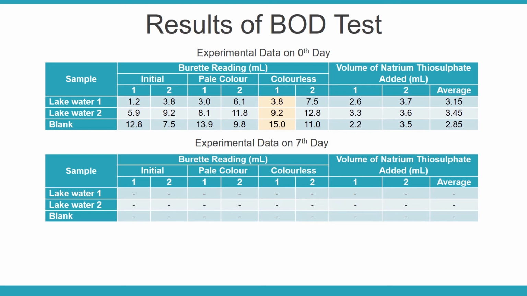So, to calculate the volume of natrium thiosulfate added for each titration, we just need to subtract the burette readings taken at the endpoint of titration from the initial burette readings. After calculating the volume of natrium thiosulfate added for each titration, we can then use these values to calculate the average volume of natrium thiosulfate added for each sample.